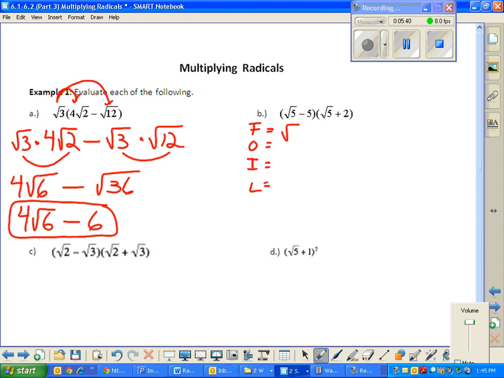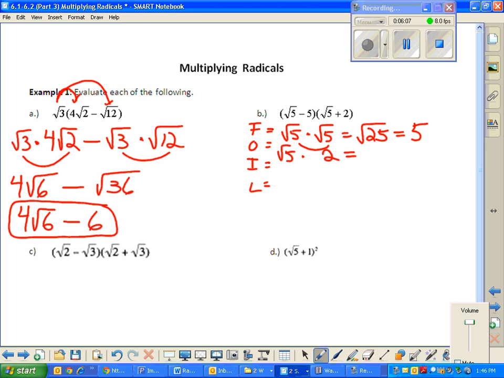So I'm going to take the square root of 5 times the square root of 5. That is going to be the square root of 25, which is 5. Outers and inners. Our outers is going to be the square root of 5 times 2.